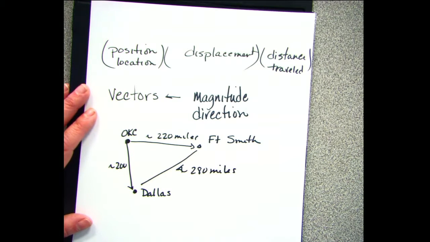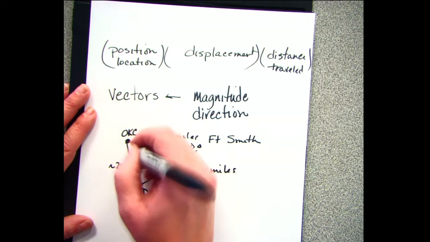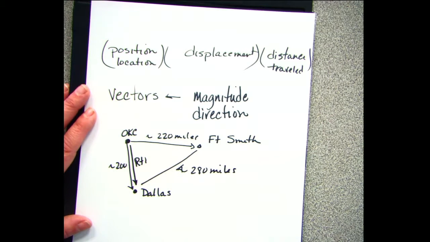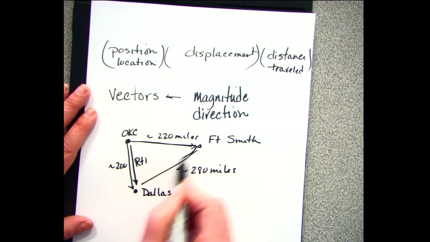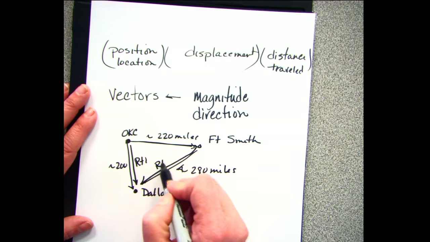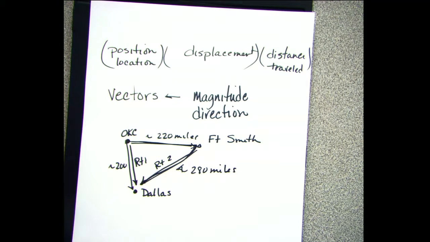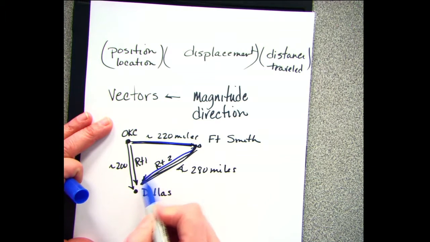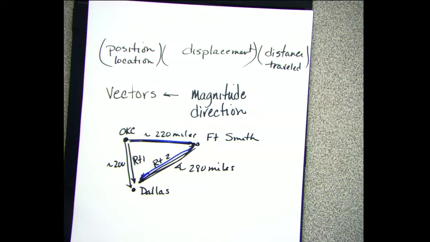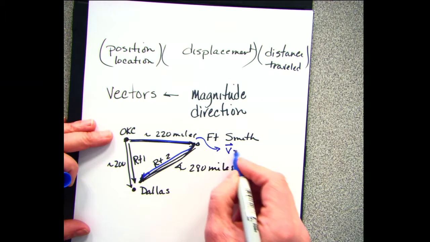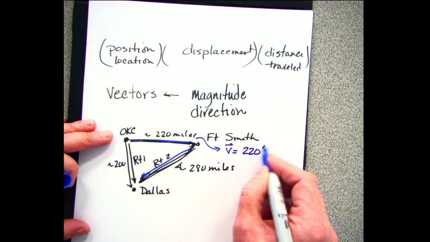Now, if I want to go from Oklahoma City to Dallas, I can go by this route, that's route 1. I can go by this route, and that's route 2. Okay? So if I do that route, and if we remember our vectors, I can write this as a vector that's 220 in my x direction.